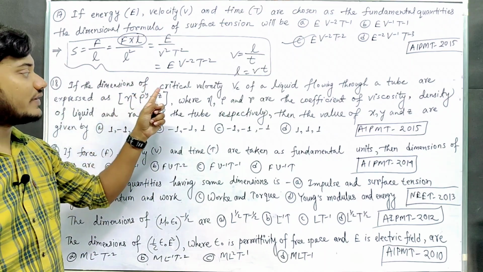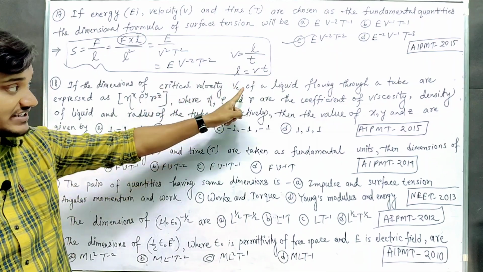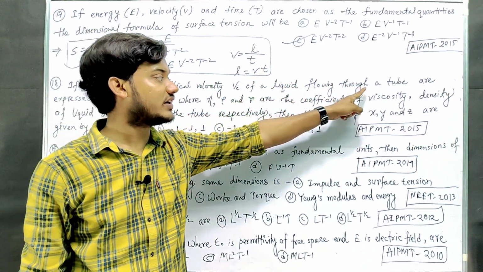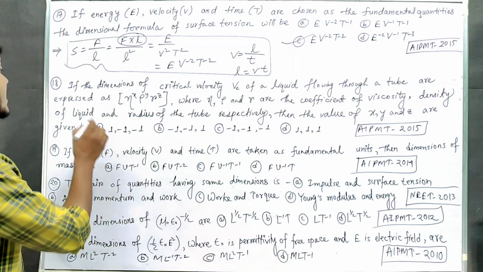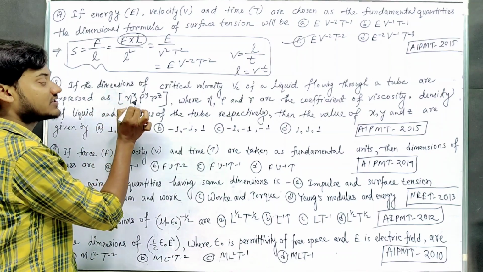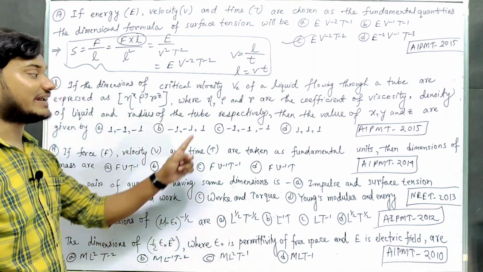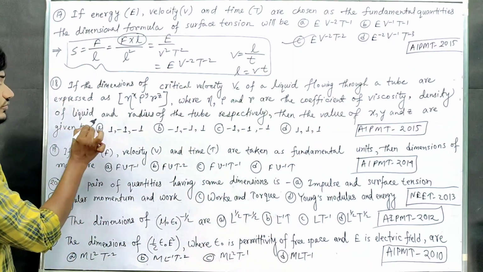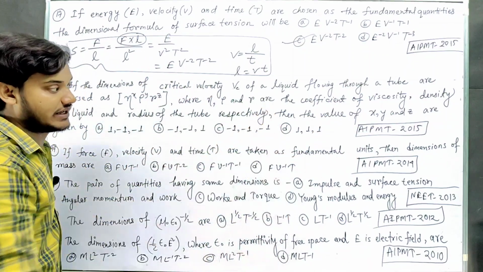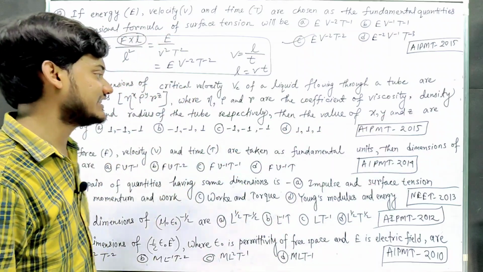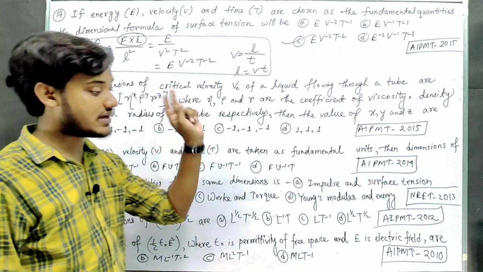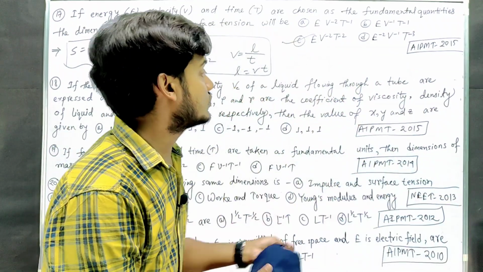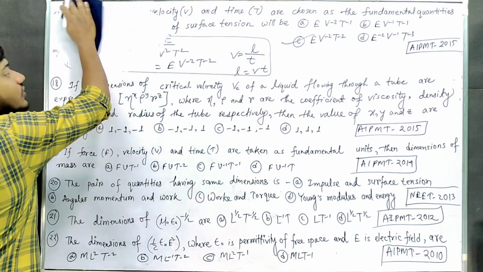Okay, next. If the dimensions of critical velocity Vc of a liquid flowing through a tube are expressed as eta to the power x, rho to the power y, r to the power z, where eta, rho and r are the coefficient of viscosity, density of liquid and radius of the tube respectively, then the values of x, y and z are given by, options are given. Which will be correct?